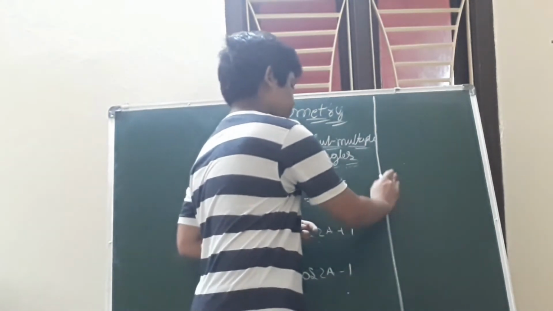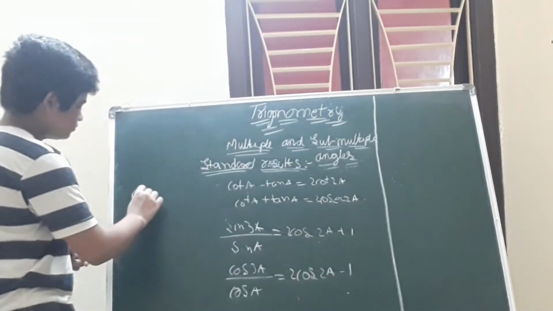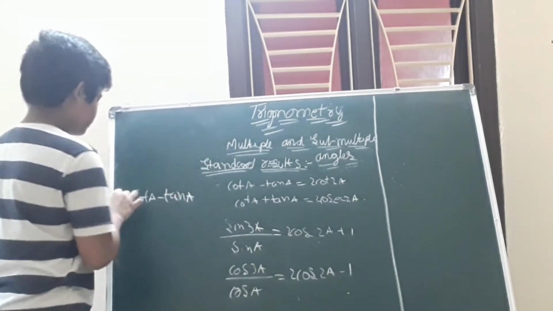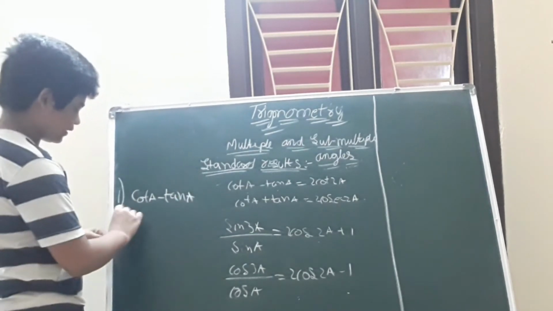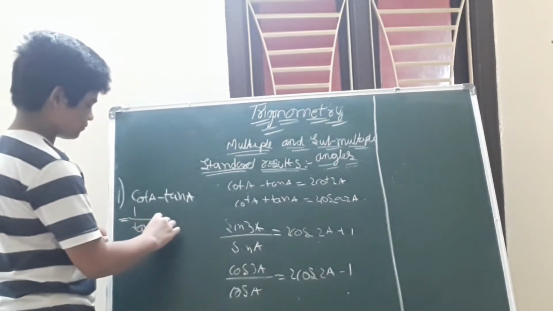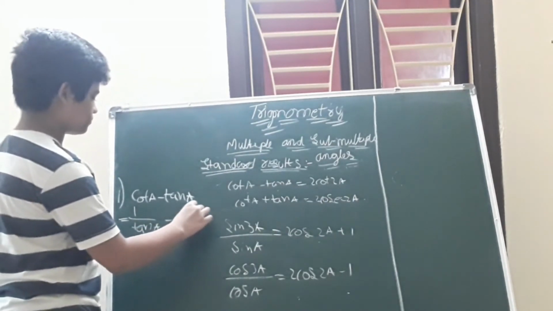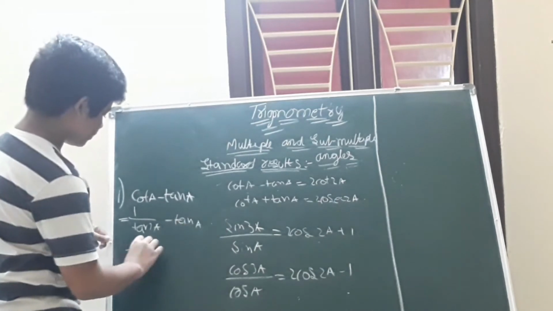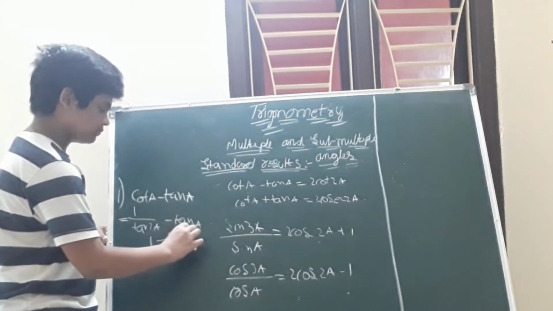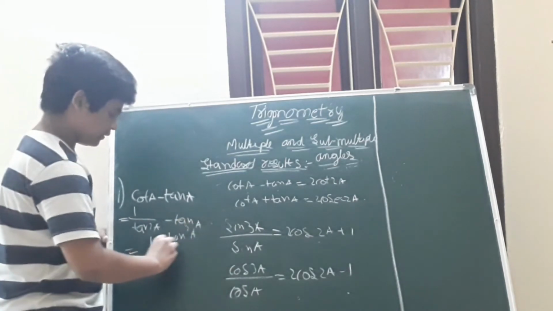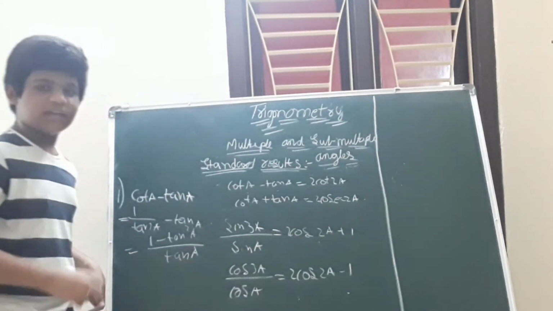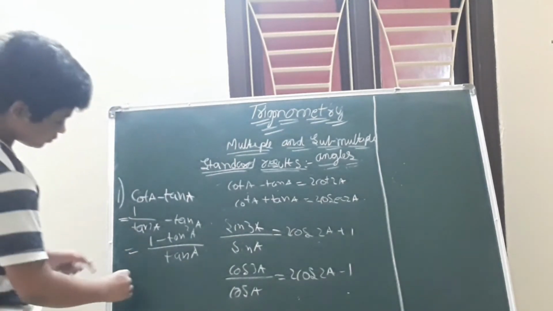Proof of cot A minus tan A. We can write cot A as 1 by tan A minus tan A. So it becomes 1 minus tan square A by tan A. Now let us multiply and divide it with 2.